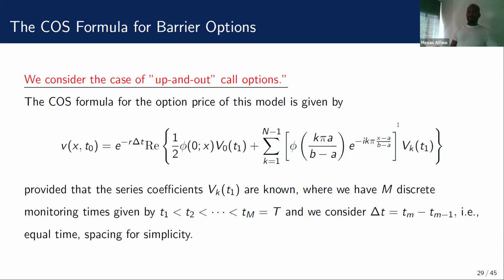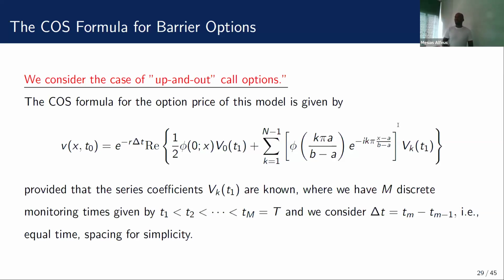So what happens is that we'll use some recursive procedure to start from capital T, and then we move backwards in time until T1. Once we get to T1, we just use this formula, the exact formula like for the European that we have discussed before. So how do we get the VK at T1?